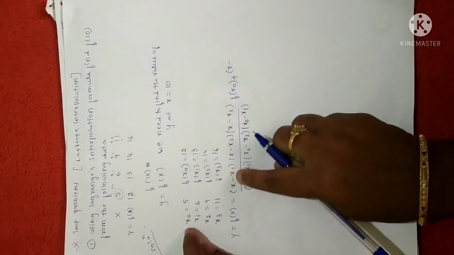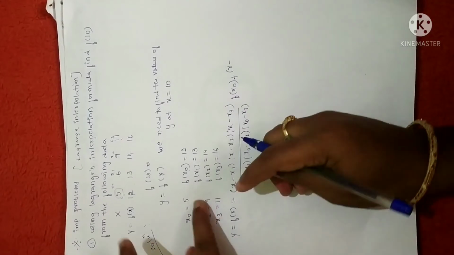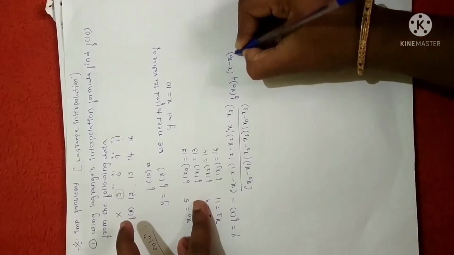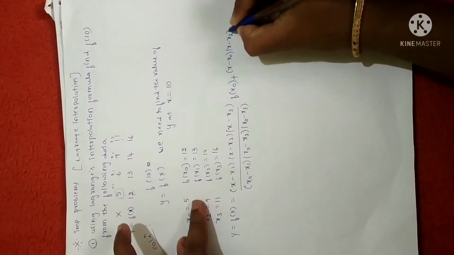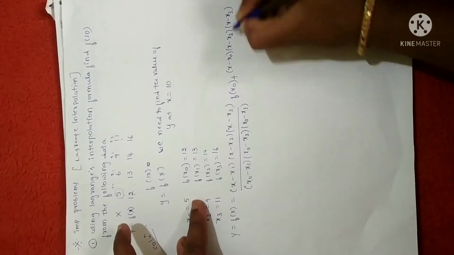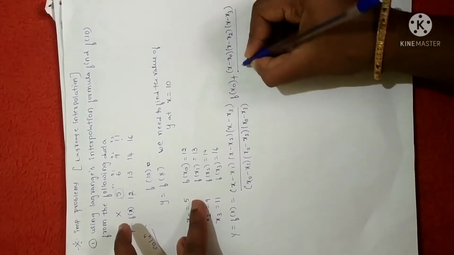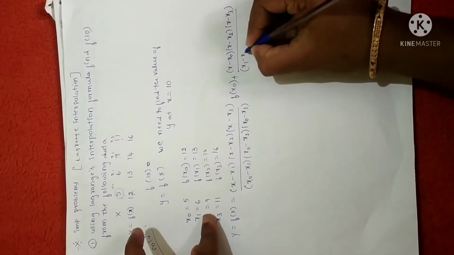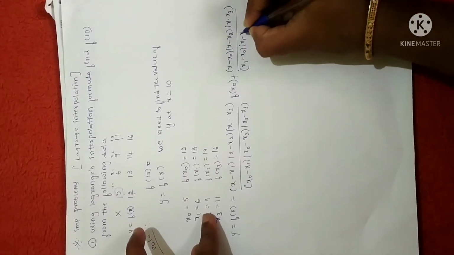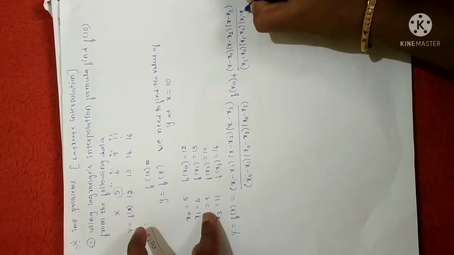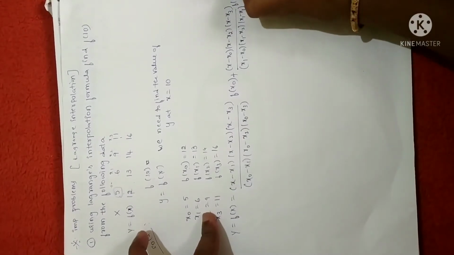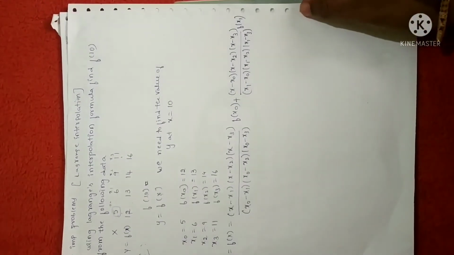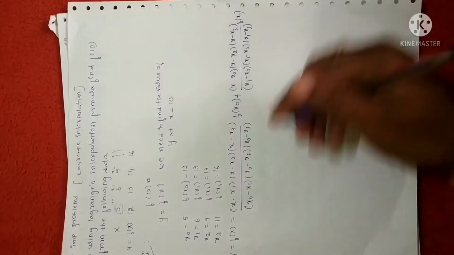Clear? Second term: plus, first term x as it is. Next, the value you first left was x naught. Next you have to leave x1. It is x minus x naught, x minus x2, x minus x3, divided by, with x replaced by x1 in the denominator, the rest of the values the same: x1 minus x naught, x1 minus x2, x1 minus x3, into f of x1. Fine. Next, third term.